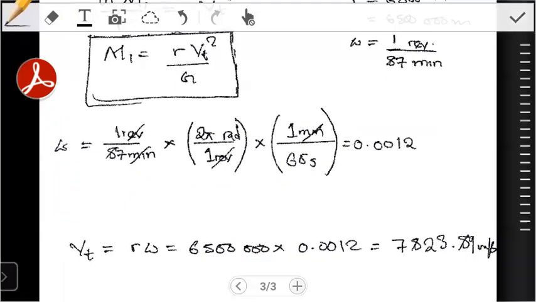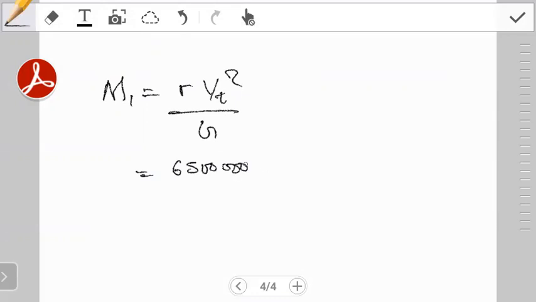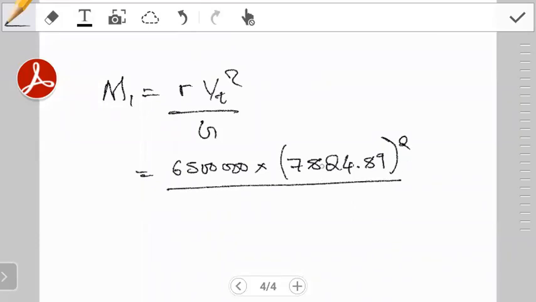When you substitute the VT in our formula, remember the mass of the Earth is equal to R VT squared over G. So this becomes the radius, 6,500,000, multiplied by what we've just found our VT is, 7,824.89, squared, divided by our G. The question gave us a G, and that was 6.67 by 10 to the power negative 11.